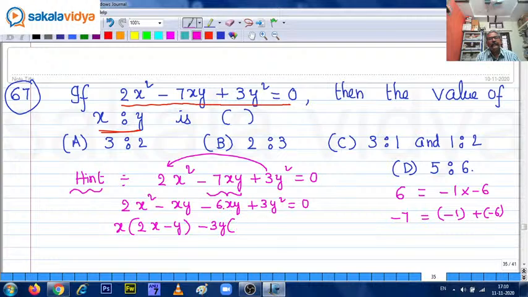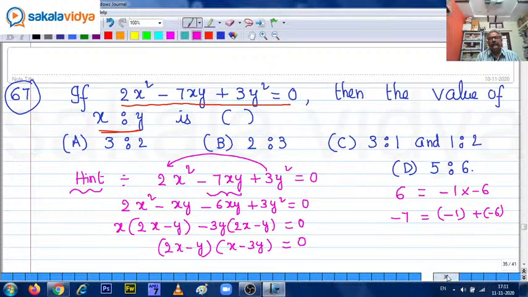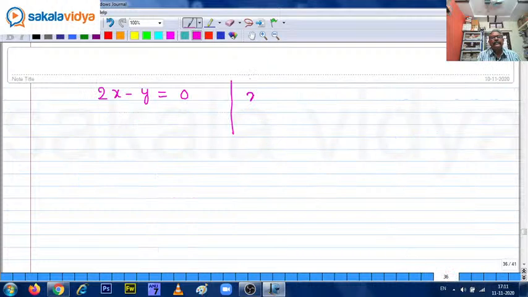You will be getting minus 3y times 2x minus y equals to 0. So 2x minus y is common. We have x minus 3y times 2x minus y equals to 0, so 2x minus y equals to 0, or x minus 3y equals to 0.